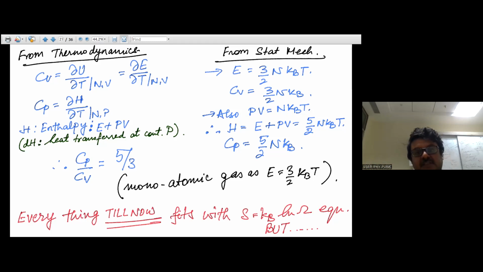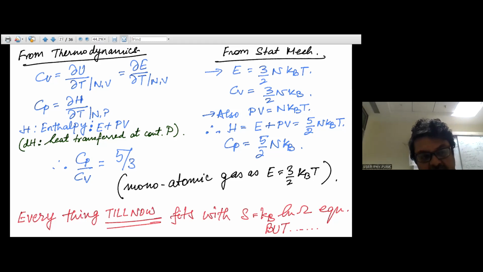Till now, we have been discussing ideal gases, but we'll soon move to interacting systems. And since we have an expression for S in terms of microscopics, I mean, we started from microscopics, calculated the volume of phase space, got this functional form by integrating over phase space suitably.